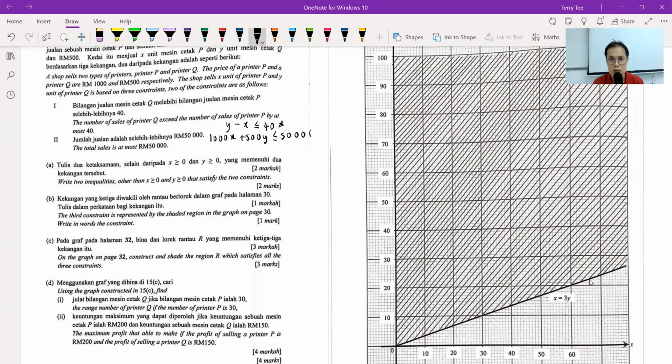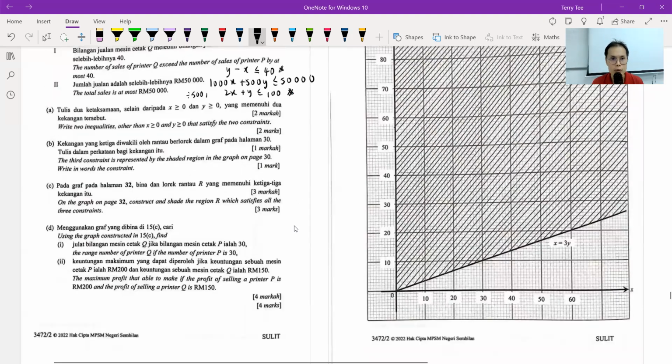So here I can divide by 500. When you divide by 500, 1,000 is 2x, this is 1y, and 50,000 divided by 500 gives you 100. There you go: 2x plus y less than or equal to 100. Okay, I've got these two inequalities done.